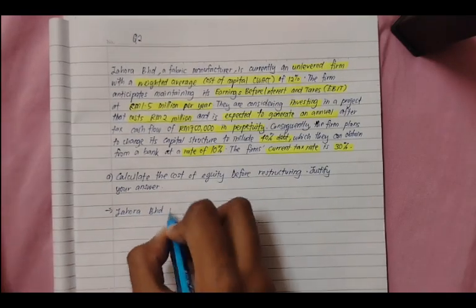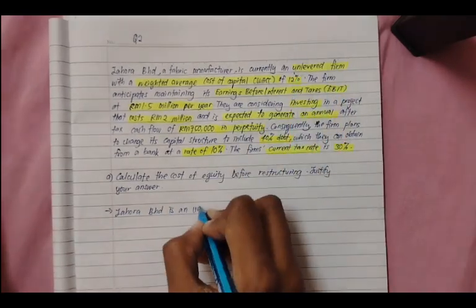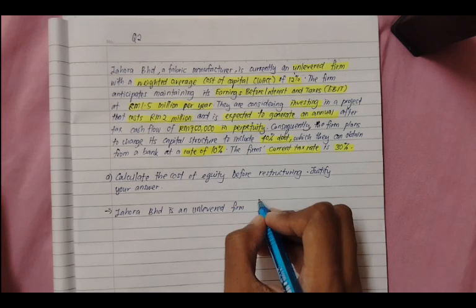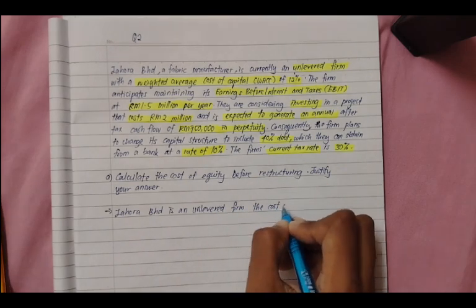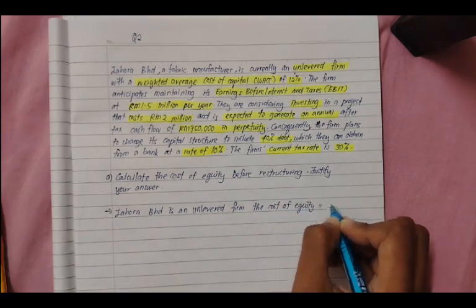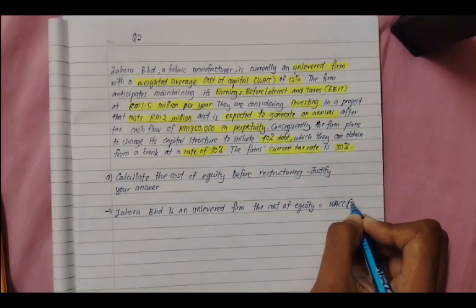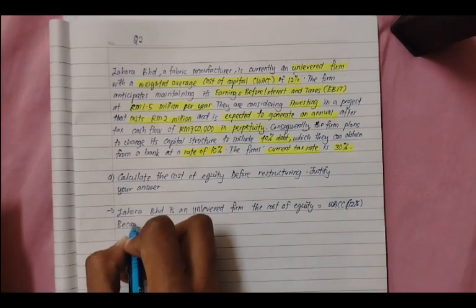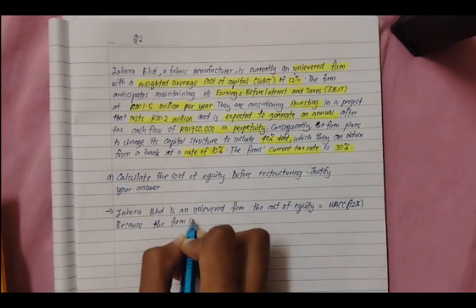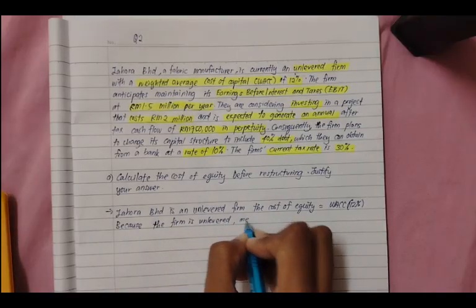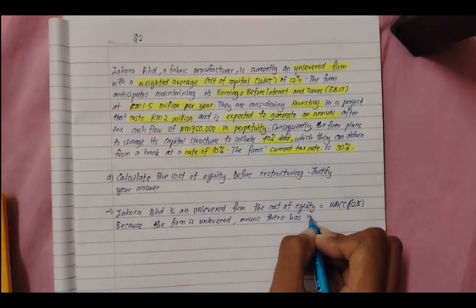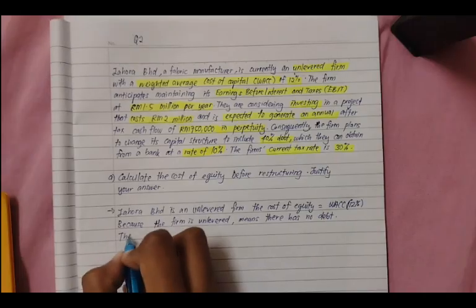Question 6. Zahora Berhad is an unlevered firm. The cost of equity equals the WACC, the weighted average cost of capital, which is 12%, because the firm is unlevered, meaning it has no debt.